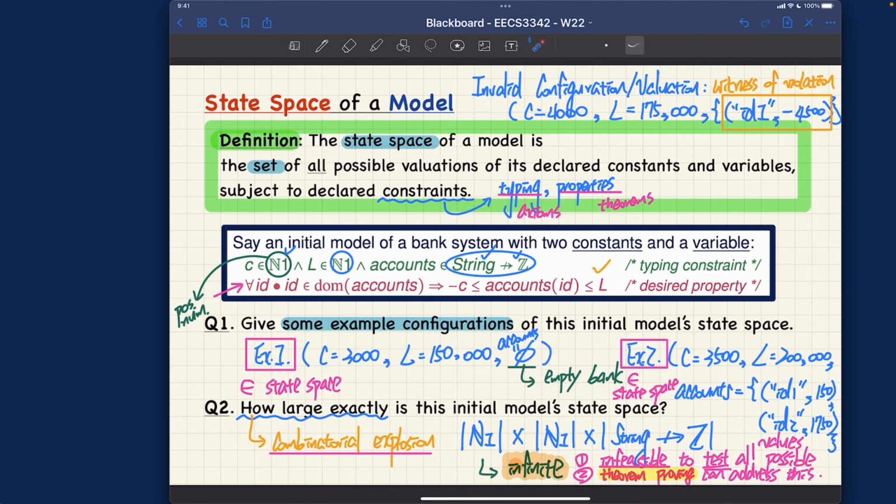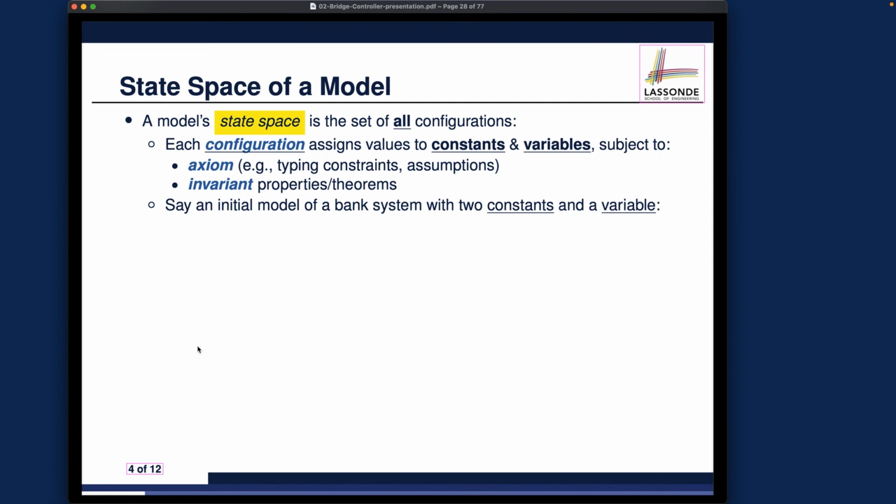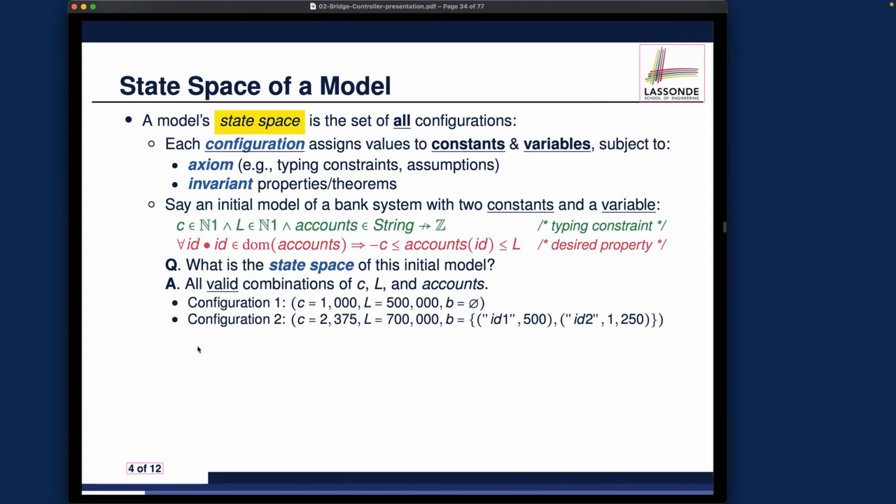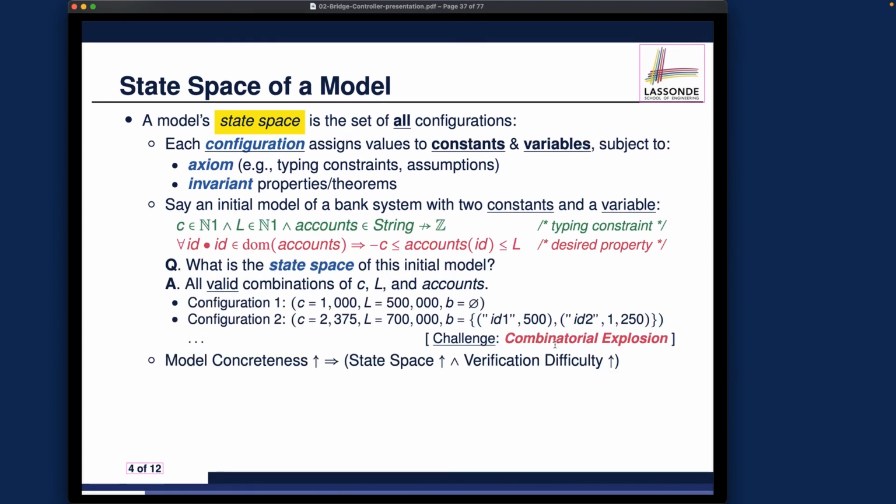All right, let me come back here, and the rest of the slide has been discussed already, right? Combinatorial explosion over here, and this will be a little formula you want to keep in mind. The more concrete you make your model, meaning the more variables and implementation details you introduce into your model, the most concrete model being your source code, in that case it will be a very large state space, and also verification difficulty will simply grow exponentially.